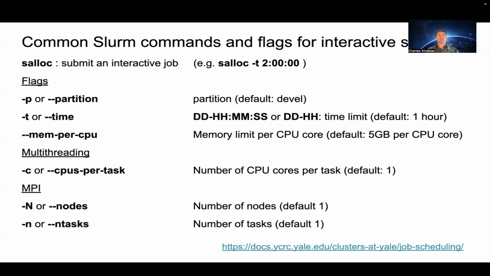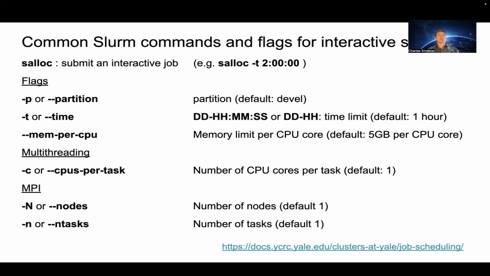And here it's important to note that if you don't request enough memory, your task may die because of an out-of-memory error. However, if you request more memory than you need, then you are also limiting the amount of resources for other users. So it's a balance.